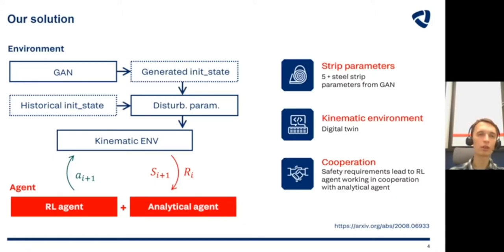Together they send their preferable speed to the kinematic environment, and the kinematic environment tells them what is their reward and what is the state of the aggregate in the next second.